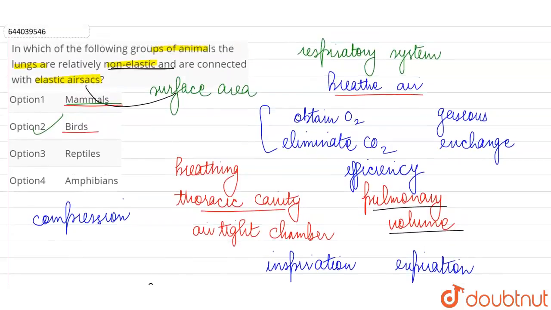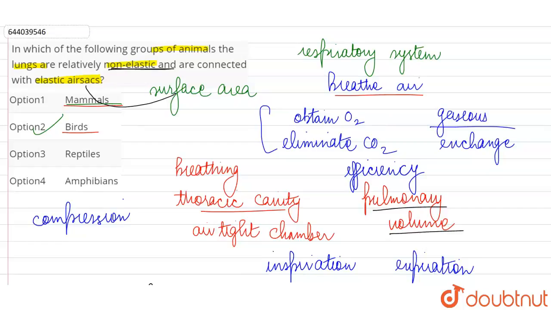So for this they need some very efficient mechanism. If their lungs were similar to the mammals, then the oxygen they could obtain by respiration would not have been sufficient. So to ensure a very good efficiency of gaseous exchange, they have these lungs.